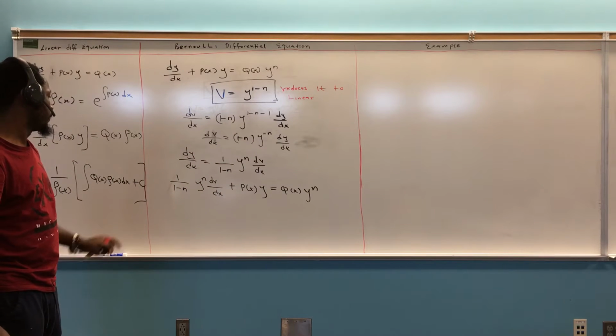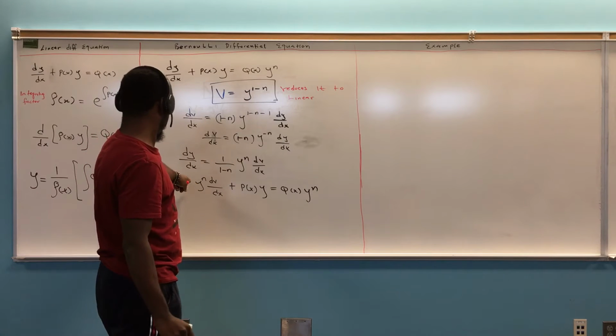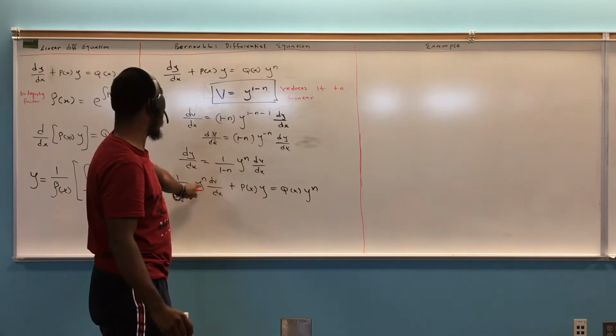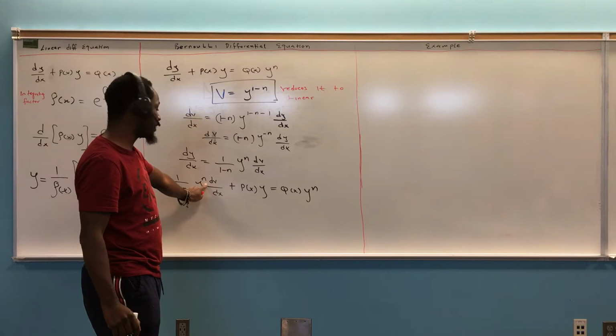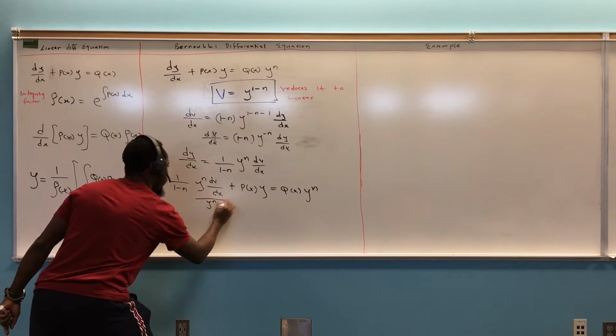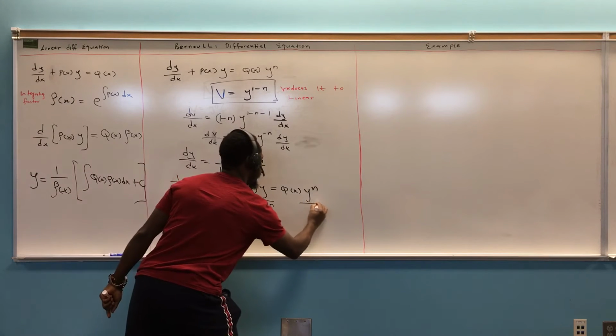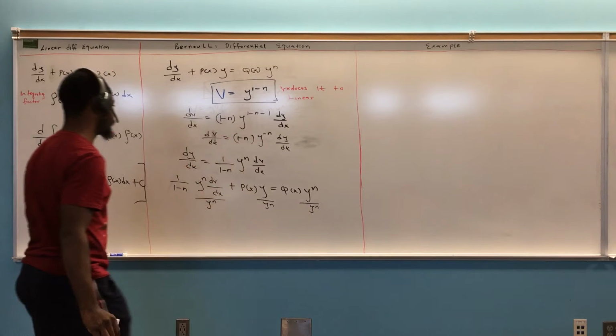Now, I can divide all through by y to the n. I divide this side by y to the n, divide this by y to the n, divide this by y to the n, right?